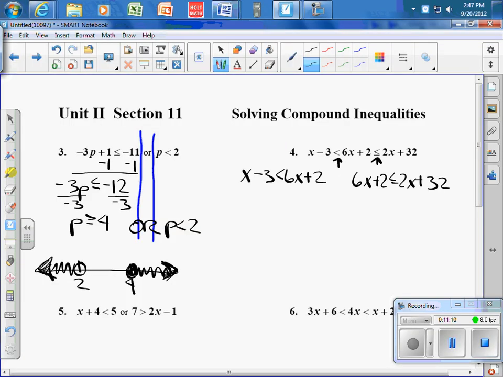Now notice what happened here is that the 6x plus 2, the part that's in between the two inequality signs, gets written here. The 6x plus 2 gets written here in this inequality. The 6x plus 2 is also here in this inequality.